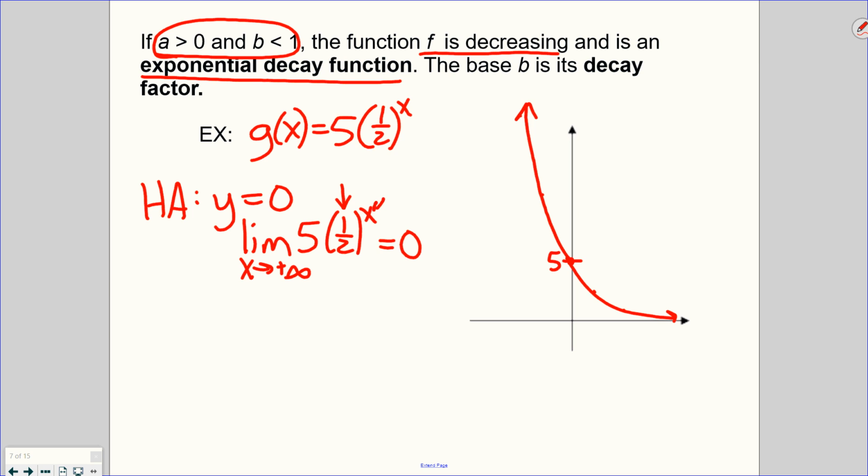As I go to infinity, x is going to get bigger. Well, if I keep multiplying something by 1/2, I get smaller, not larger. So this is going to go to 0. And then the domain and range would be exactly the same here. So the domain would be -infinity to infinity, and the range is still 0 to infinity. The graph just comes down and is decreasing instead of increasing.